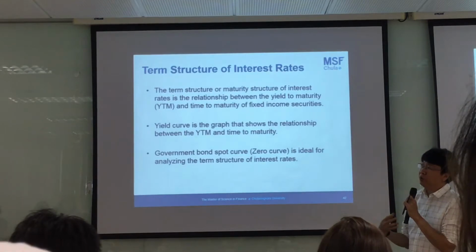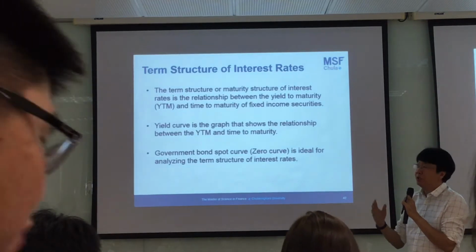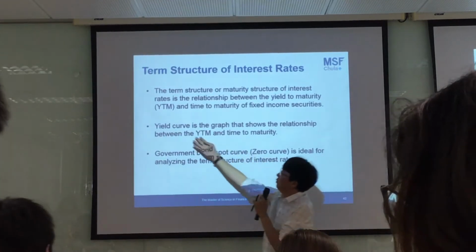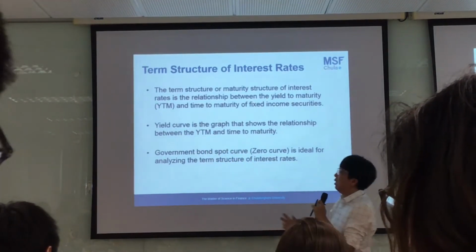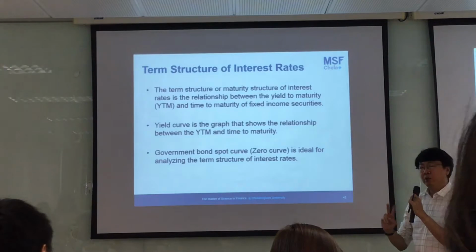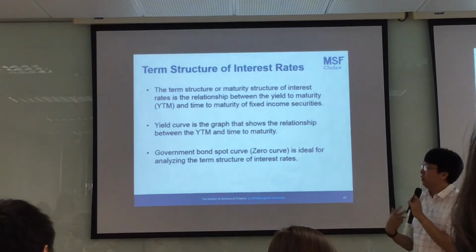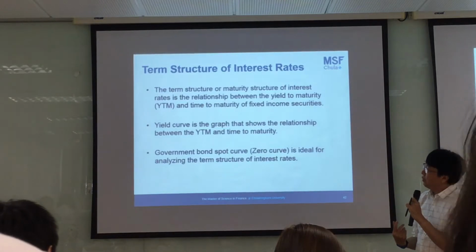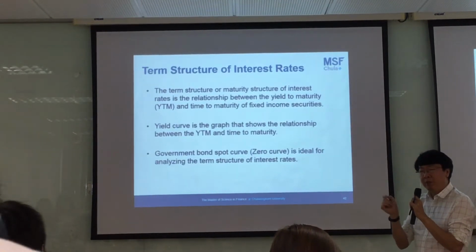Sometimes, instead of using the term structure, we may use the term yield curve instead. These two words can be used interchangeably. Okay, yield curve or term structure of interest rate. There might be some difference between these two.